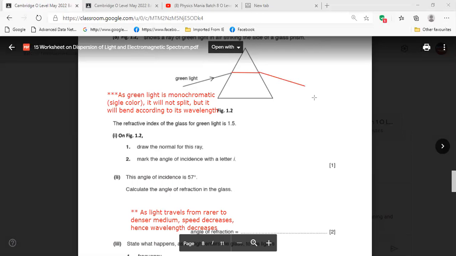Is it clear? And here you have to give the arrow symbol. This way you give the arrow.